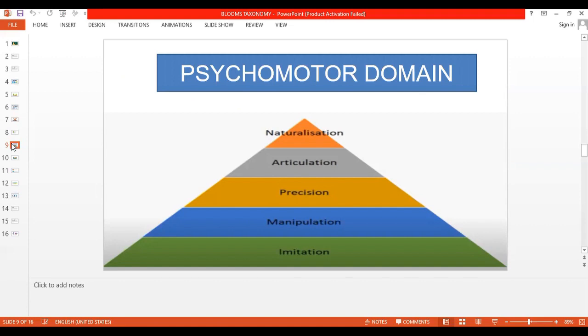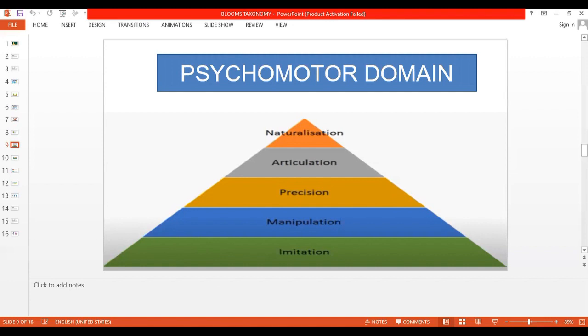The third domain is the psychomotor domain. This is learning by doing. The psychomotor objective is specific to physical function, especially reflex action and body movement, to interpret the information and to learn. Here, it implies that physical activities support cognitive growth and improve knowledge or skill.